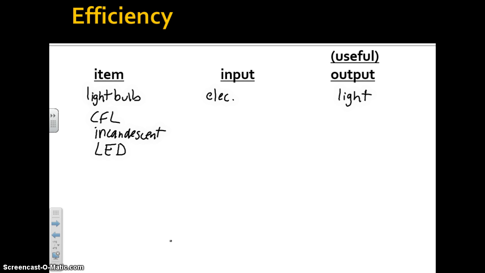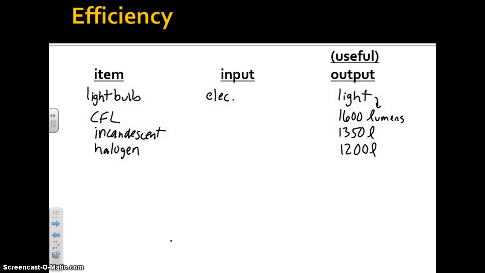In order to get almost the same output, the light that you get out is measured in lumens. I looked these numbers up, so 1350 lumens and 1200 lumens. I apologize, this is for a halogen, which is a more efficient version of an incandescent. This is our useful output, effectively the amount of light you're getting out of it.